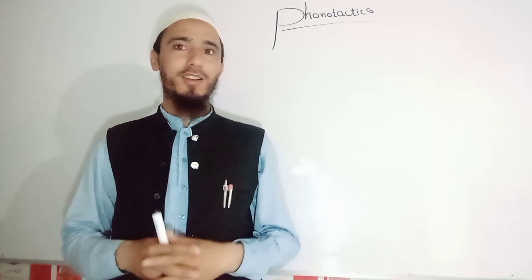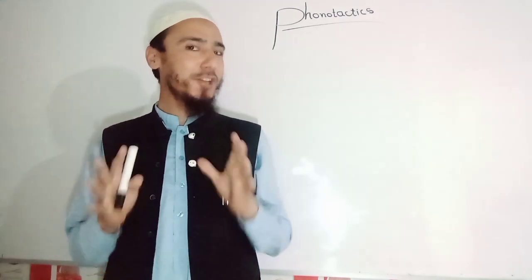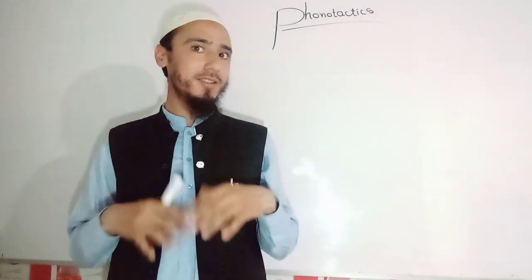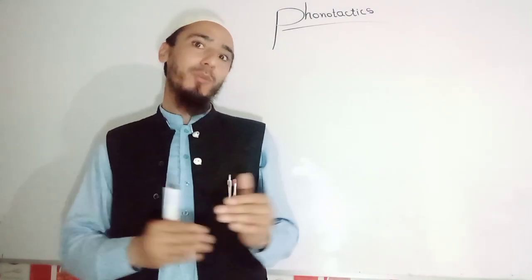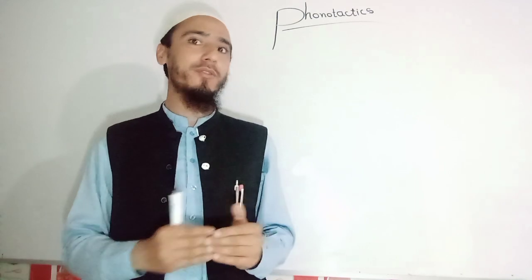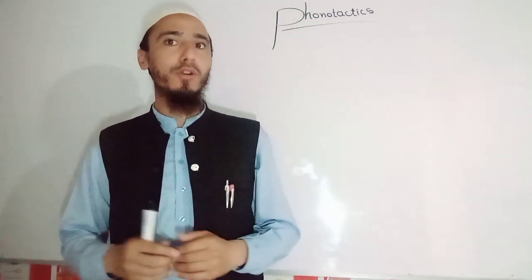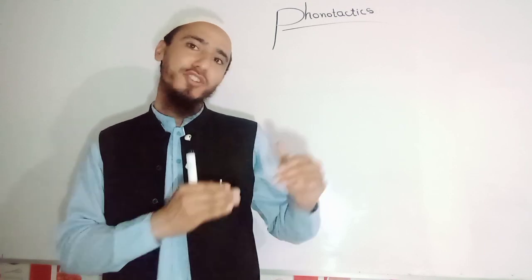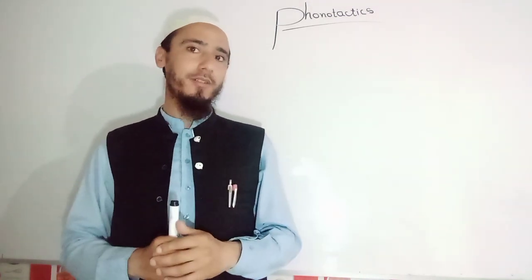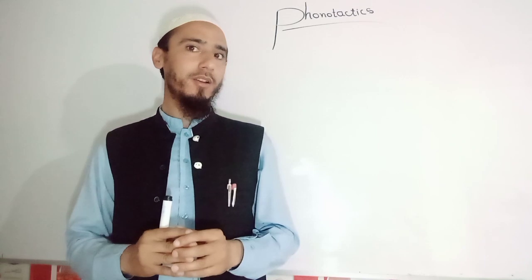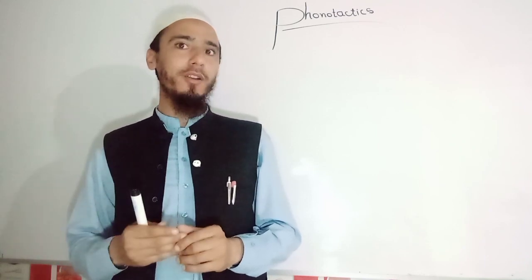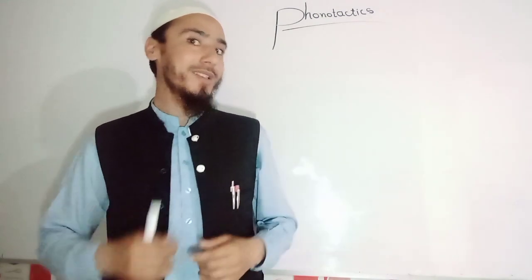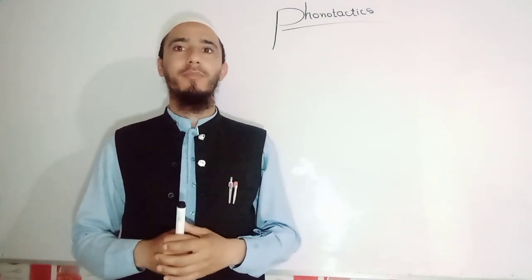Connected to this, I told you about the different types of phonology, such as phoneme, which is the smallest unit of a sound which distinguishes one word from another. Phone, which is the real representation of sound. Allophone. In allophone, we are talking about the different ways of pronunciation of a word.